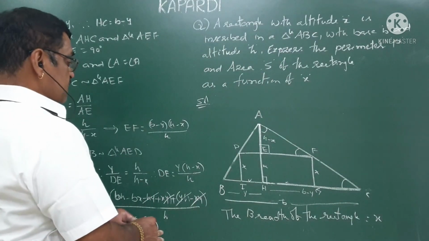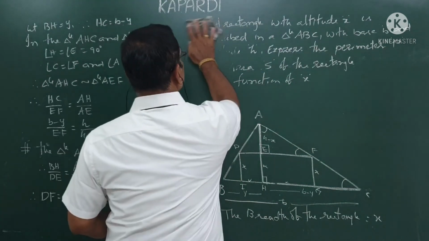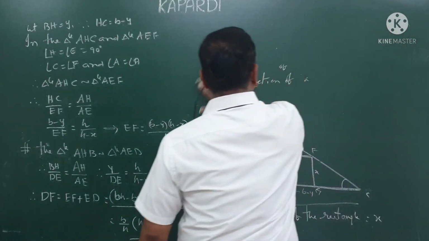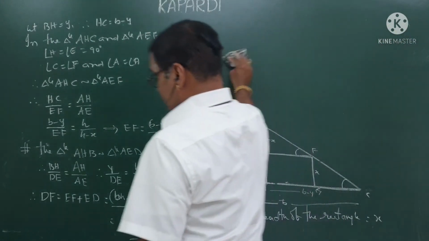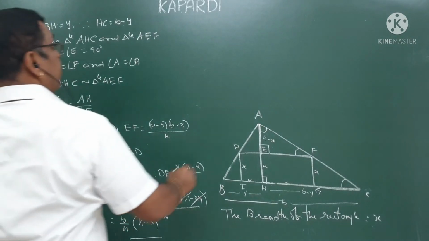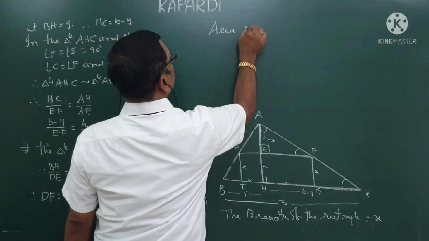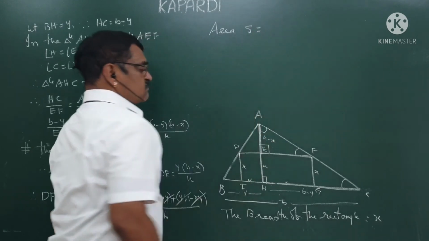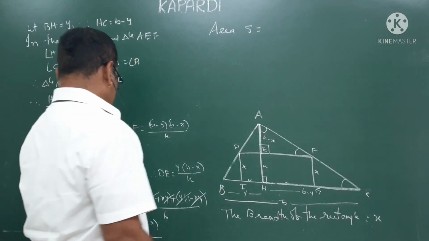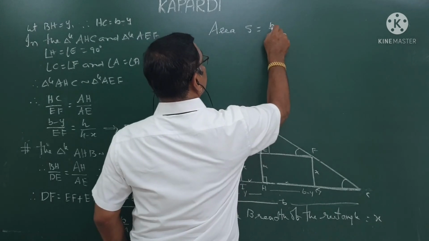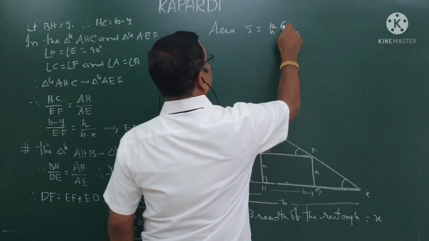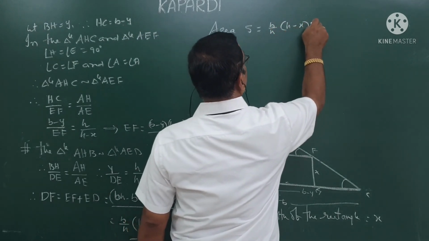Next one, I'll go for area. Therefore, area S is equal to length into breadth. Length is equal to B by H times of H minus x, times of x.